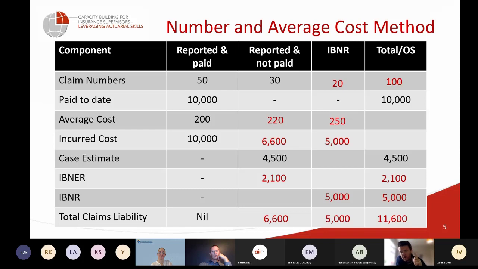And so this gets into the question of IBNER, incurred but not enough reported. So we need an additional 2,100 on top of the 4,500 to get to 6,600. And the total claims liability is equal to the case estimate plus the IBNER.